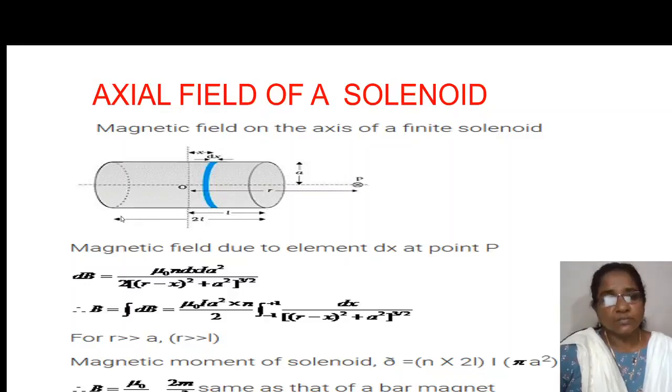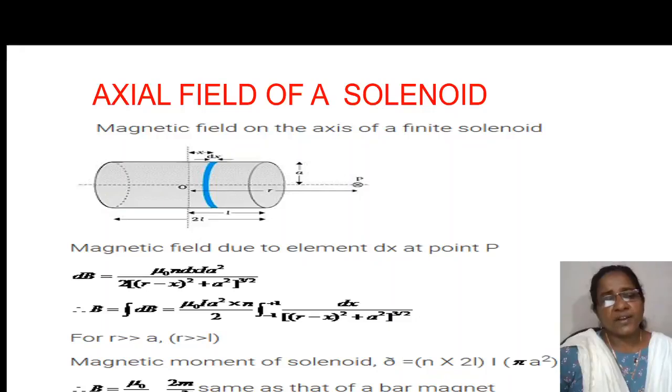So, this point is at negative L and this point is at a positive L distance. So, if you are taking the total distance from negative L to positive L, you will get 2L. Now, on integrating this expression from negative L to positive L, we will get the final expression, approximating r very much greater than L. That is, this point is very much far away from this solenoid.